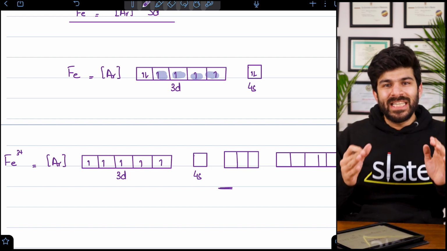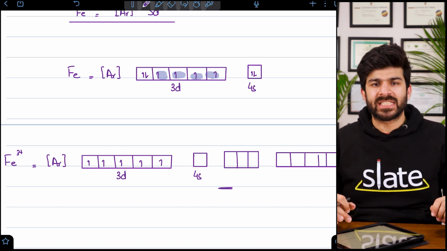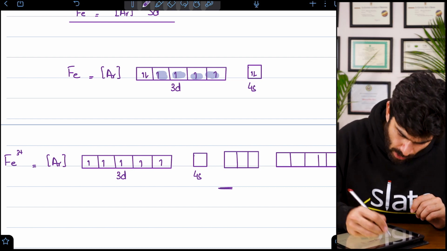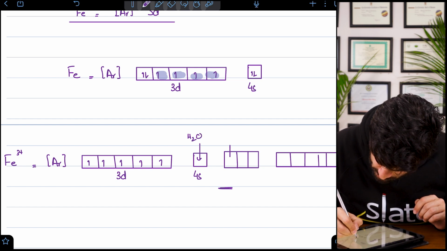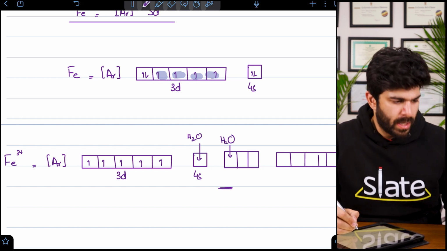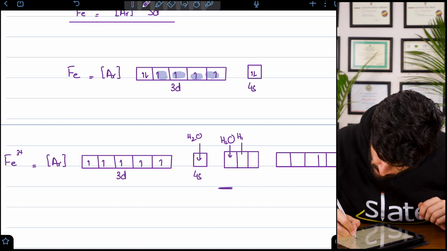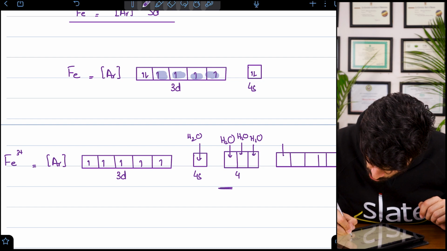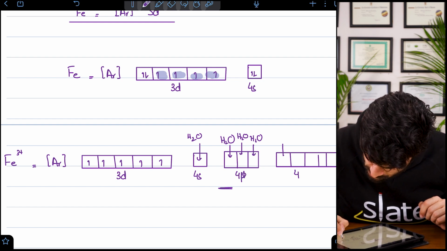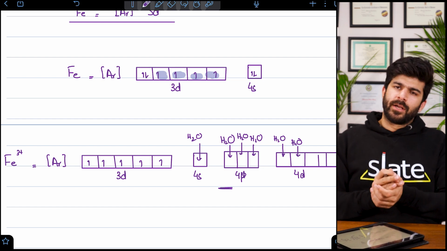Now, these can make dative covalent bonds. Since they are empty, they can easily accept 2 electrons. Now they can easily accept 6 electrons. All the empty ones, 4s, 4p, 4d. The 6 ones are here.